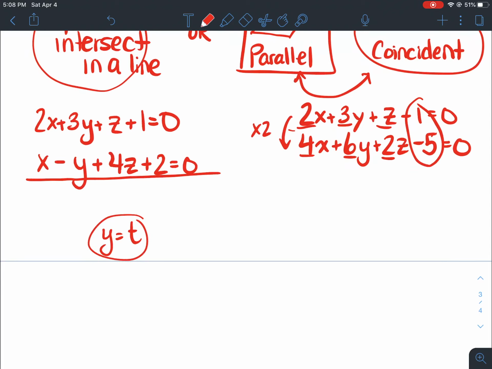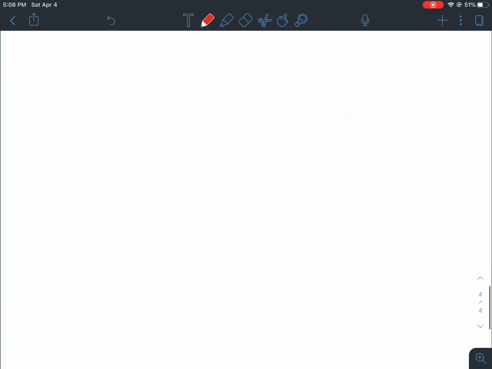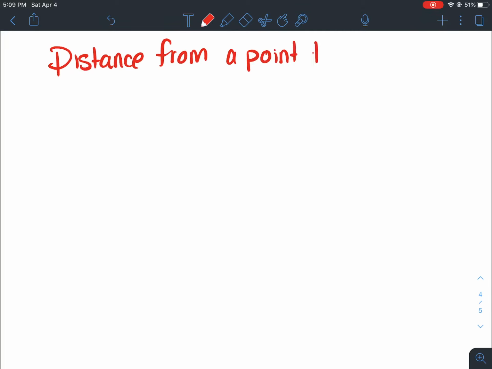So you always have to let one of your variables equal a parameter.